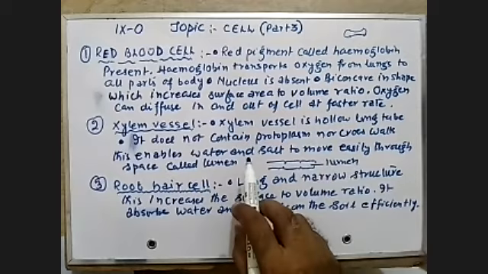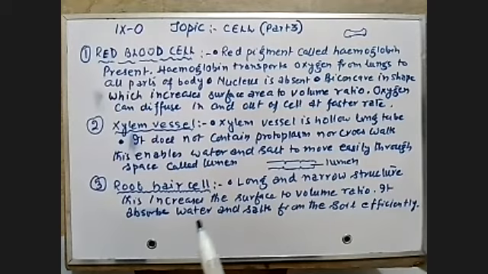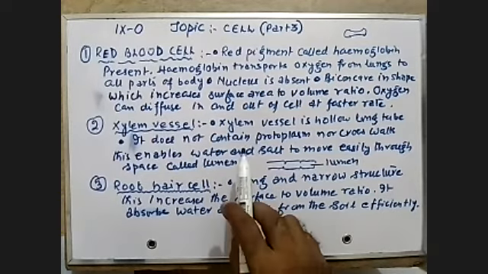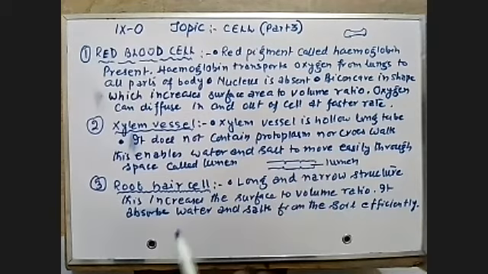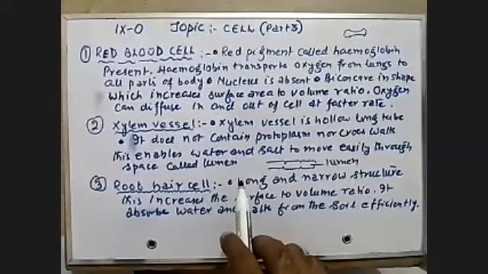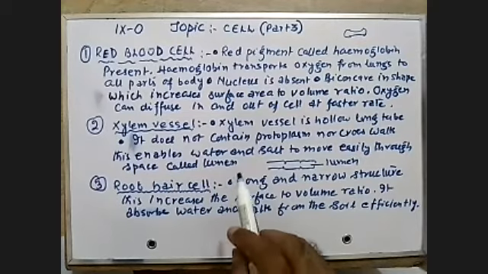So what happens? They help in transport of water and salt from the root to the leaves. I'm repeating again. Xylem vessel is a long hollow tube. It does not contain protoplasm nor cross wall. They are dead cells.